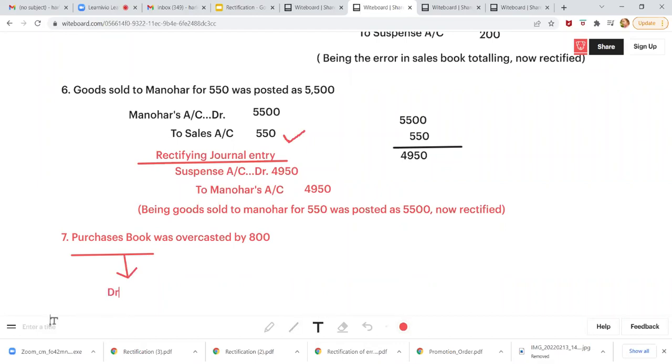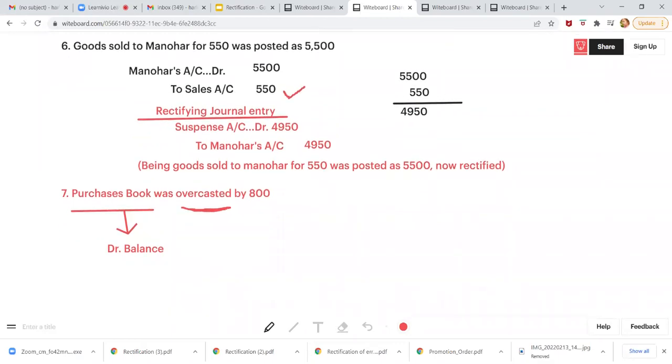So here the purchases book has the debit balance, and you can see here it is overcasted. It means it is in excess amount, so we have to credit the purchases account.